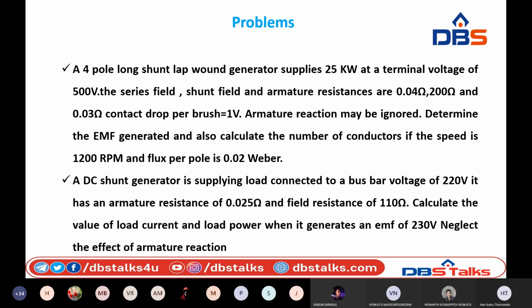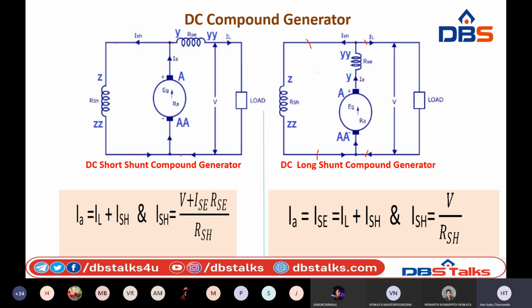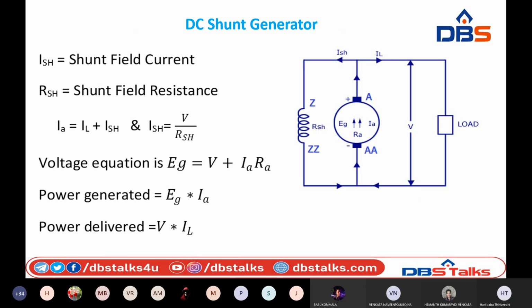So right, from the shunt generator diagram. Back to slides. So look at this. They gave easy values, right? They gave the V value. Determine the IL value, determine the power. That is what they are asking. So the voltage equation. First of all, calculate the IA, right?